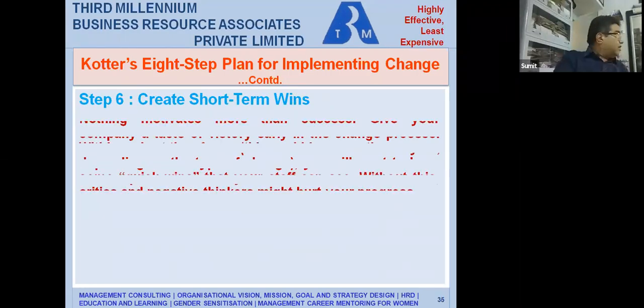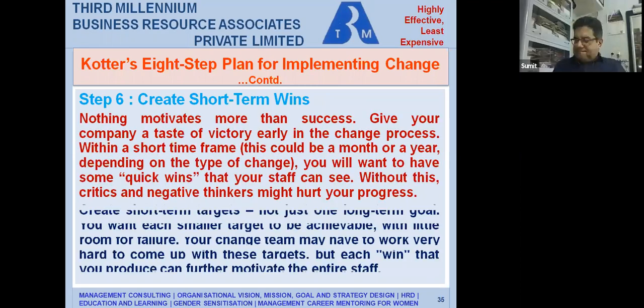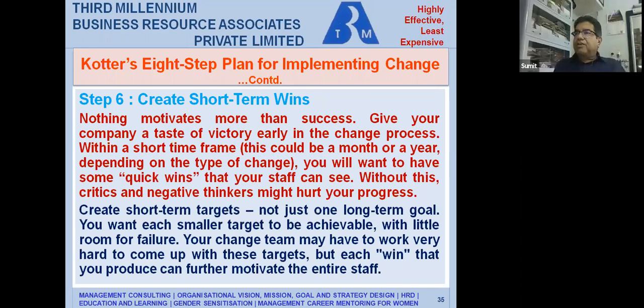Create short-term wins. What is this point about? Briefly, I touched upon when I said that what motivates people, either a superordinate goal or some beneficial thing that they see for themselves happening if they go through this process.